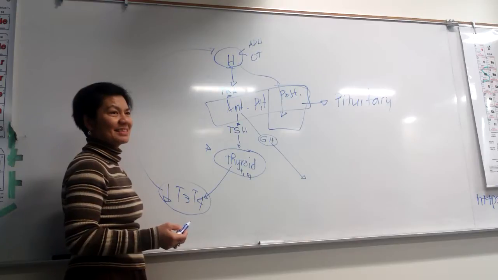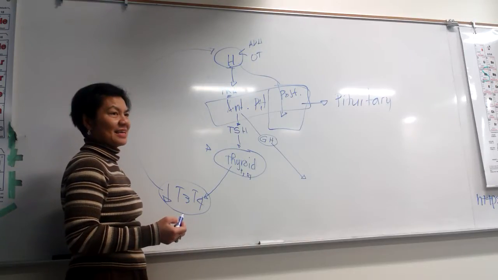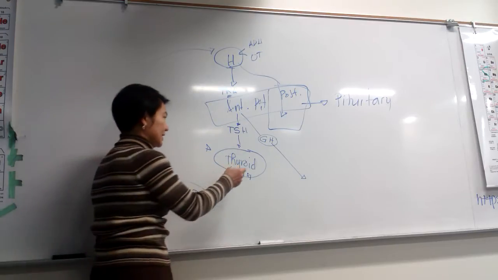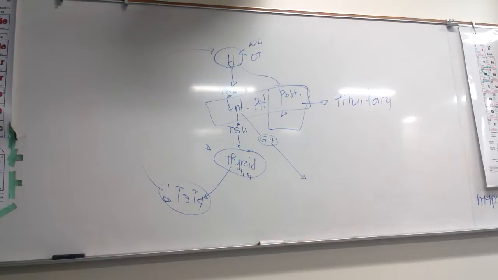And does the pituitary gland also tell the adrenal glands to make hormones, or is that separate? Look at what it says. So where's your pituitary? Let's look at our book.